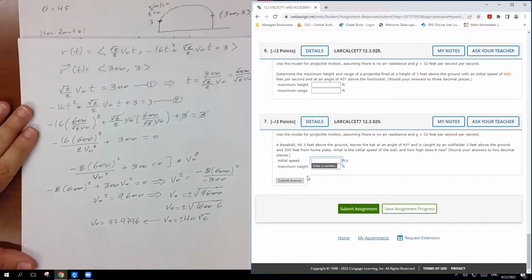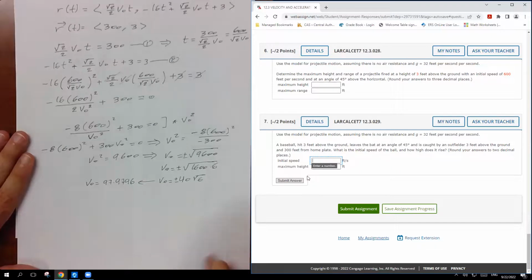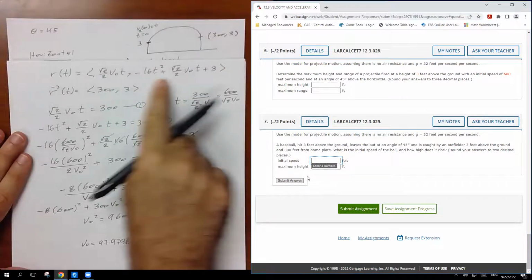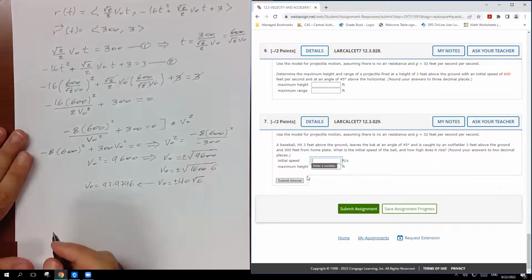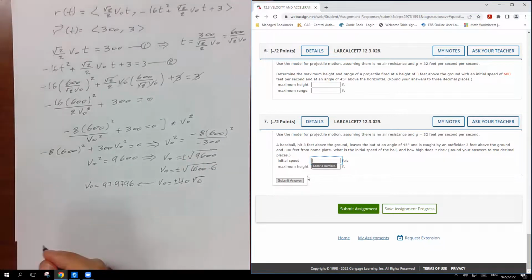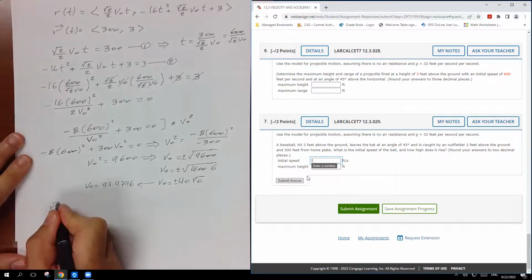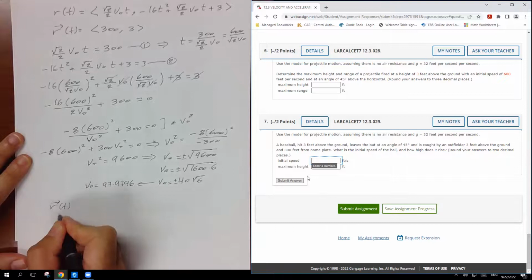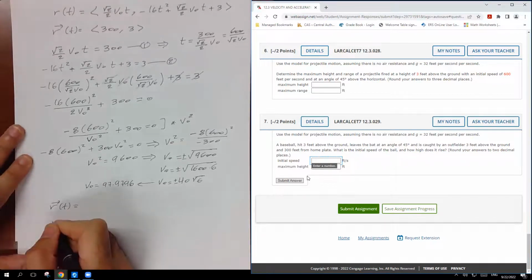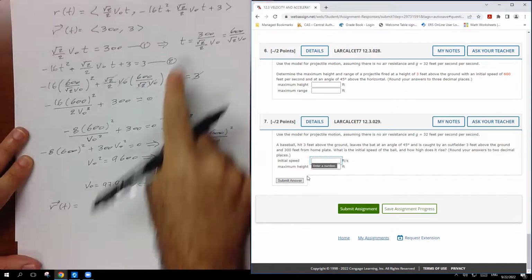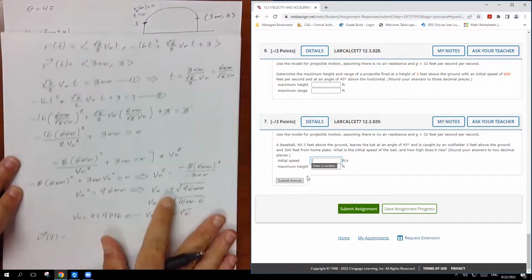The maximum height depends on V sub y. As a position vector, r of t, I have the velocity, which is V naught. I'm going to plug in the V naught here to get the maximum height.